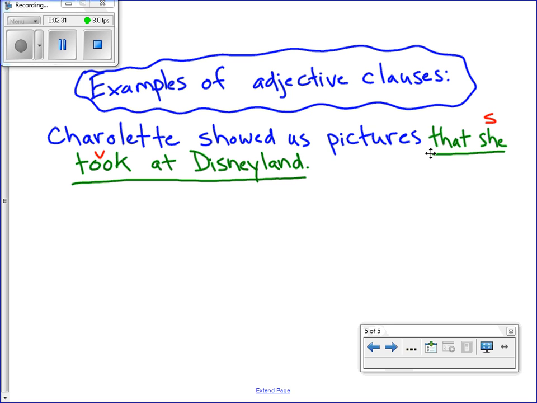We know that this is an adjective clause because it is telling what kind or which ones. She showed us pictures. Which pictures? Pictures that she took at Disneyland.